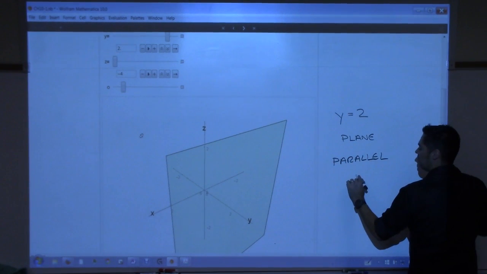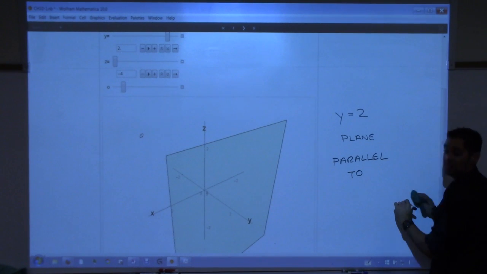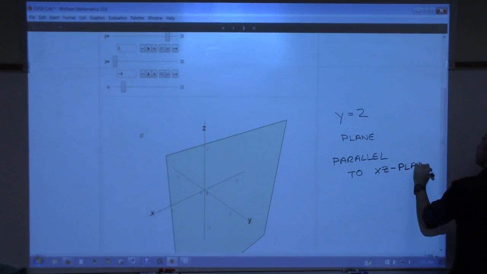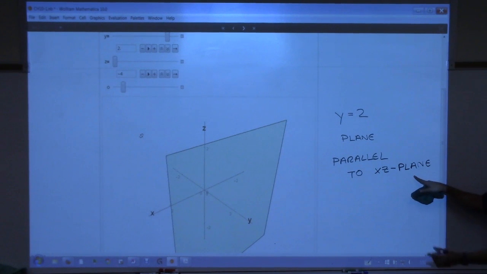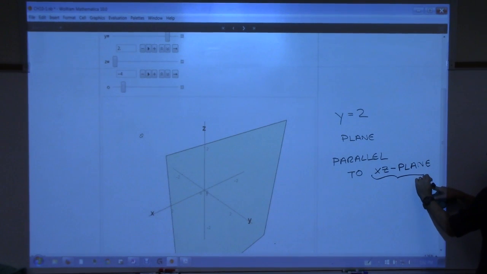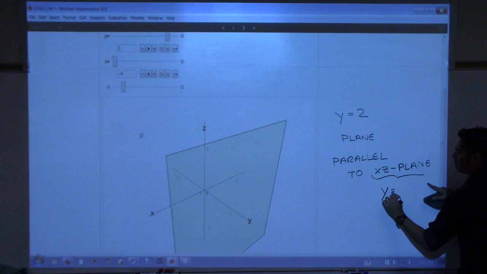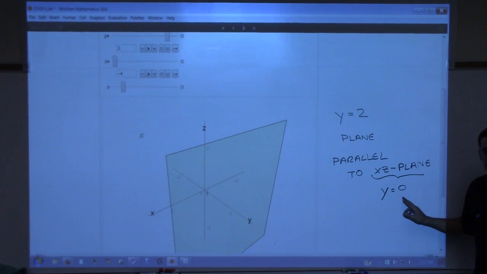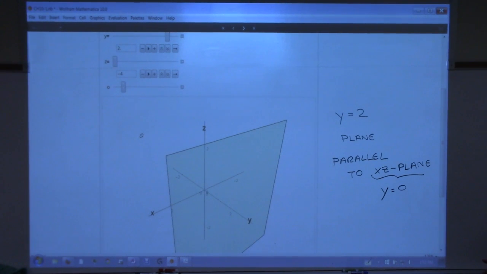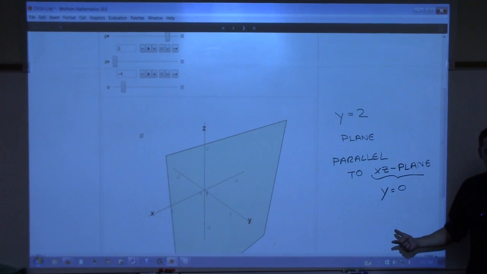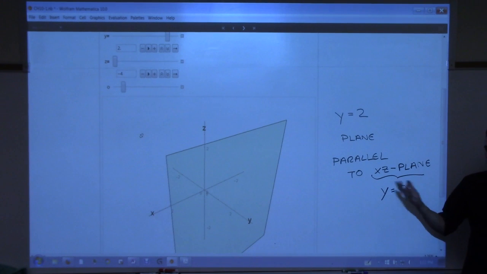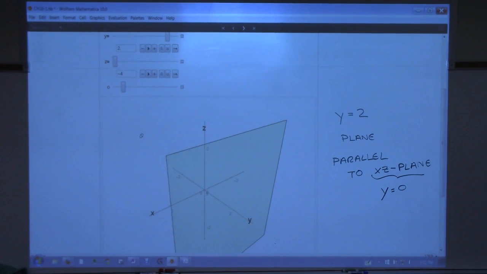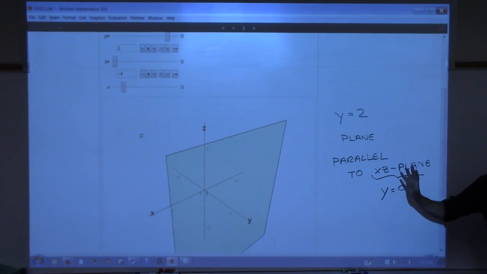What we are calling the xz plane. By the way, what's the equation for the xz plane? y equals 0. Right? y equals 0 draws the xz plane. x equals 0 draws the yz plane. z equals 0 draws the xy plane. So there are 3 different coordinate planes that we have. Those are going to be very important to us, all right?